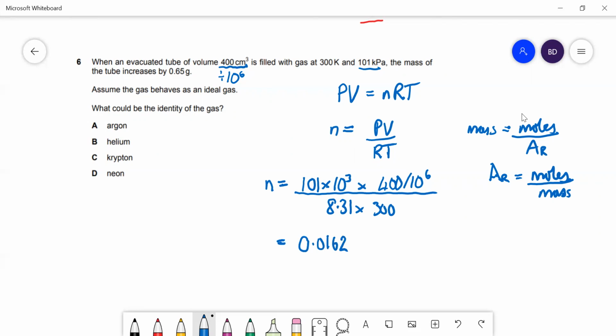Now we're going to work out the Ar. So Ar is equal to the moles. Sorry, I got that one the wrong way around. Ar is mass over moles. Very bad.